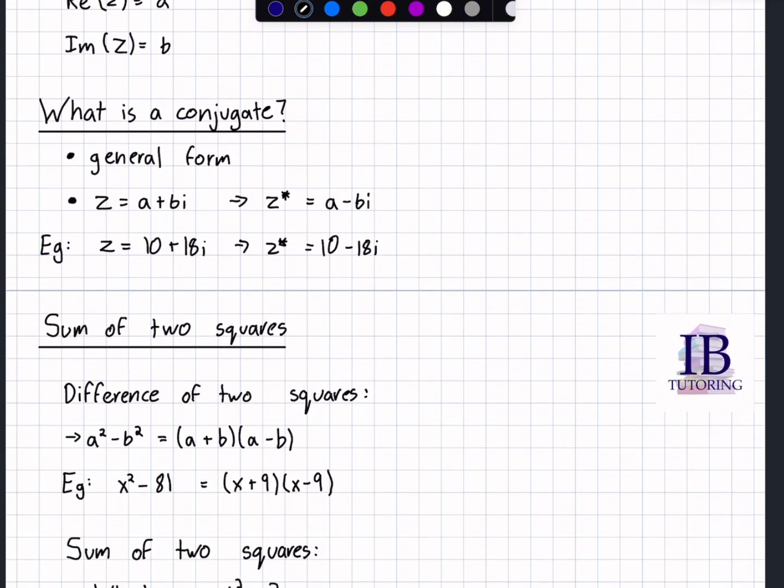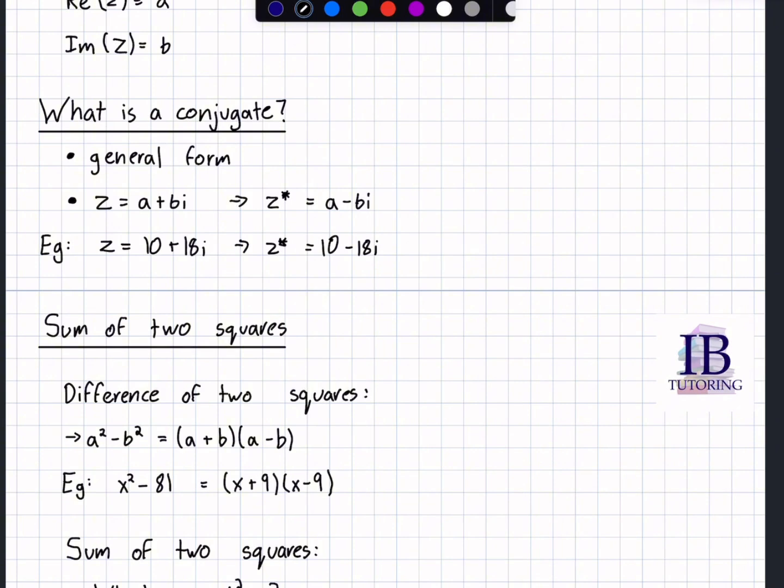Now, what is a conjugate? You can derive a conjugate from a complex number's general form.